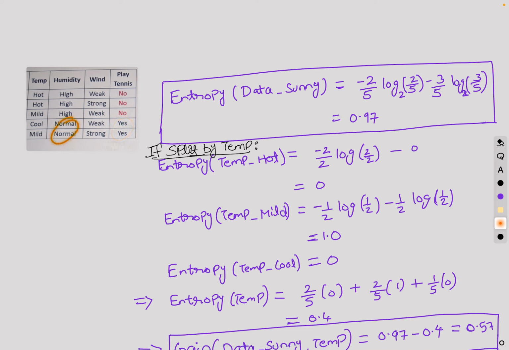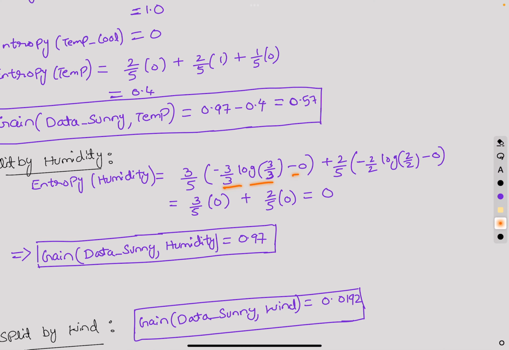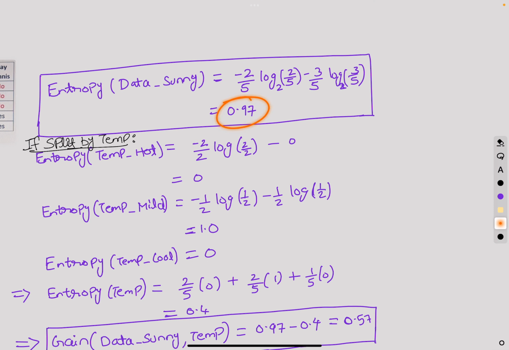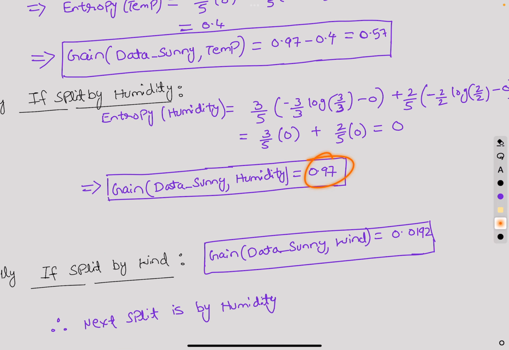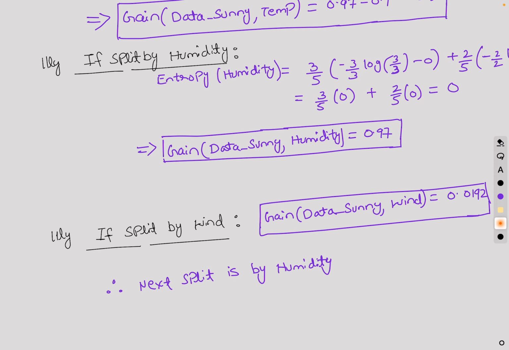So when I apply the formula, I get minus 3 by 3 log 3 minus 0 and minus 2 by 2 log 2 minus 0, and then the weighted average. So I end up getting entropy at the humidity level as 0. The uncertainty is 0 because accuracy is 100% there. That's why the information gain is 0.97 minus 0, which is 0.97, the highest information gain possible at this point.